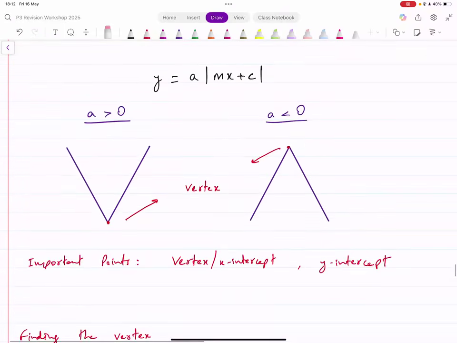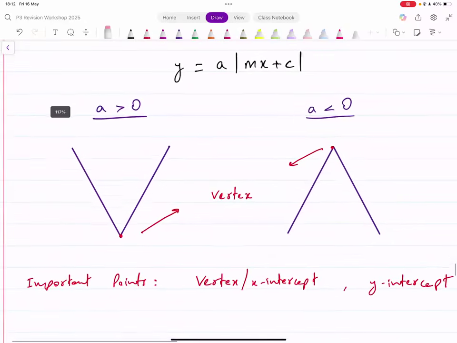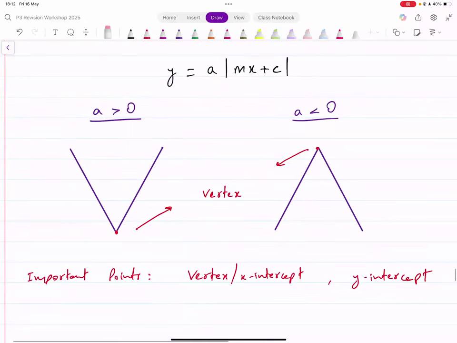However, to make these graphs quicker, you can just follow this process that I'm going to explain now. First of all, remember there are only 2 possible shapes that you can have for modulus graphs in your syllabus. It will either be a V shape, like the one on the left side, or an inverted V, like this.